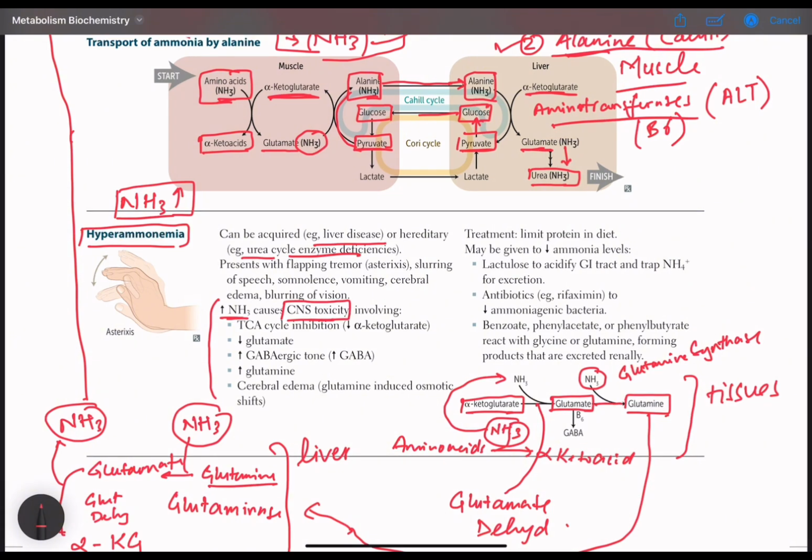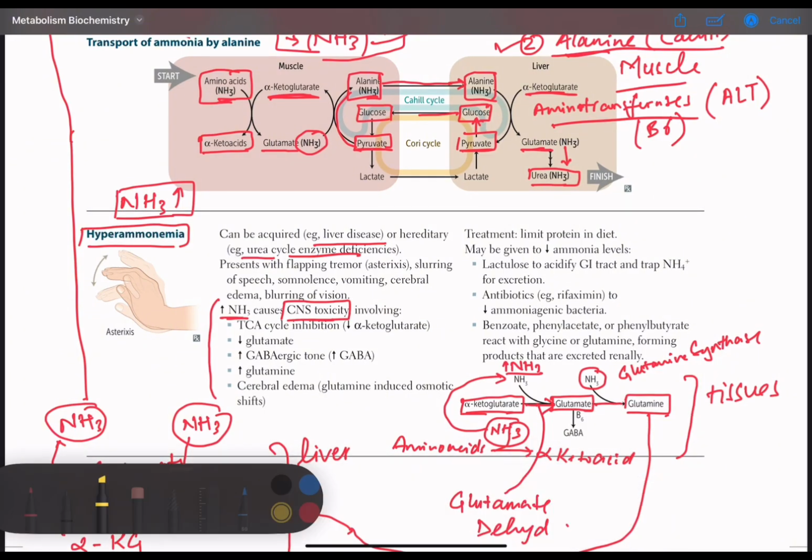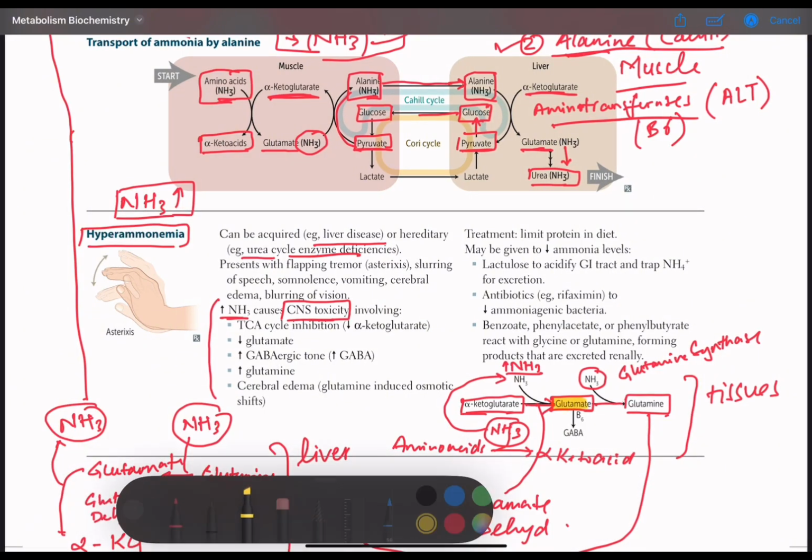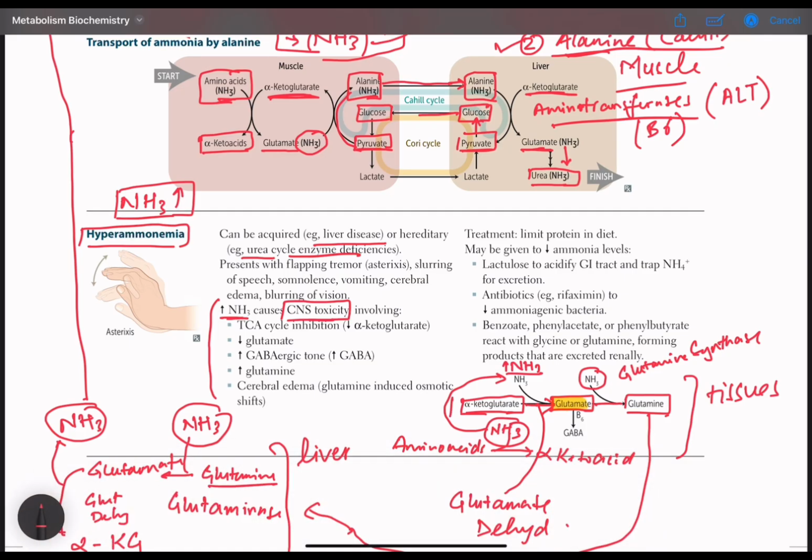The reasons they are toxic: number one, when there is a lot of ammonia in our body, it is detoxified by alpha ketoglutarate, converting it into glutamate, and in doing so the alpha ketoglutarate levels drop, and we all know that alpha ketoglutarate is a TCA cycle intermediate. So this means that the TCA cycle will halt or stop.